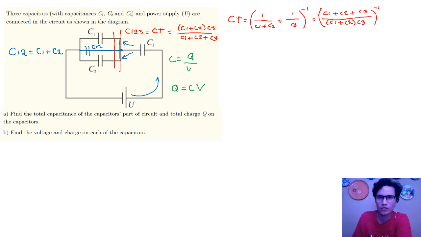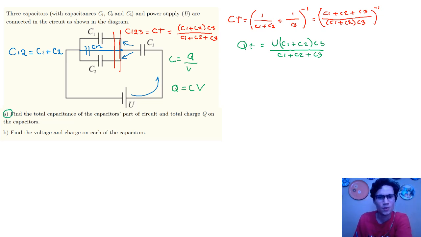This will be the total charge QT, equal to the total voltage U multiplying the total capacitance, C1 plus C2 times C3 over C1 plus C2 plus C3. And now part A of the problem is solved.